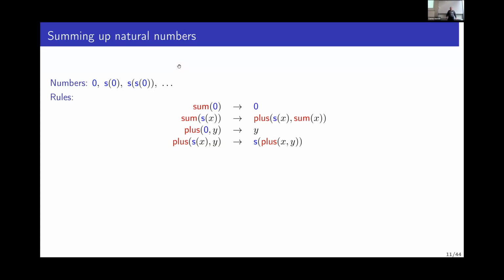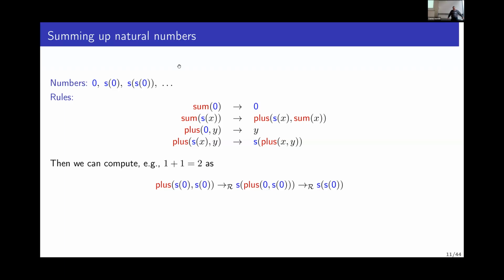We can write a term rewrite system with rules for plus, which we saw earlier today, to sum up two natural numbers. And if we want to compute the triangle numbers via the sum, we can use plus as a helper function.